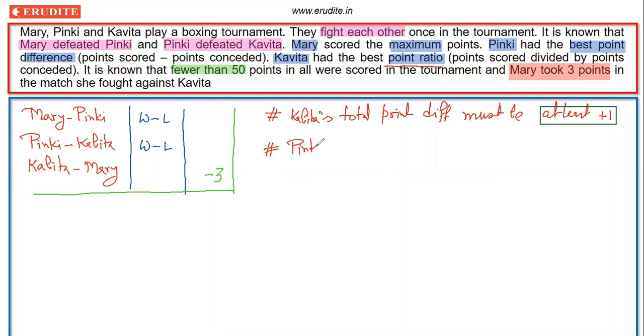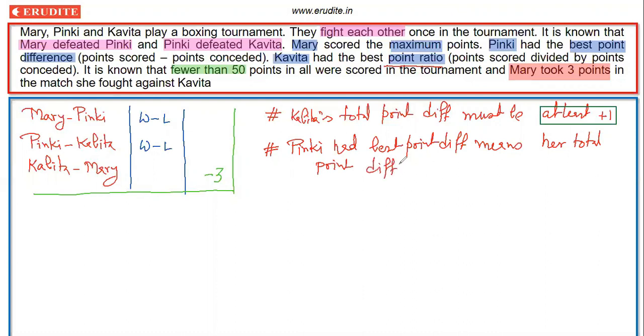Best point difference means what I can predict from her, a total point difference, her total point difference must be at least plus 2, as for the earlier one, because we have to take the same information in this case also. So these two things we have to proceed with.